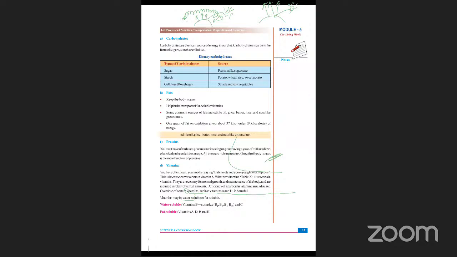Okay, done. Now, there are two types of vitamins: fat soluble and water soluble. What do we mean by water soluble? Those vitamins which can be dissolved in water are called water soluble. For example, do you know lemon juice or lemonade?